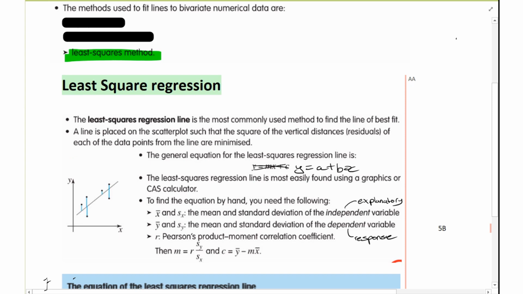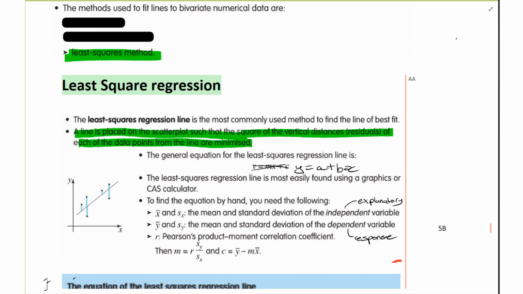A line is placed on a scatter plot such that the sum of the squares of the vertical distances, what we call residuals, is minimized. How we calculate residuals and what they look like will be in a separate video. So we want to have those vertical distances minimized.